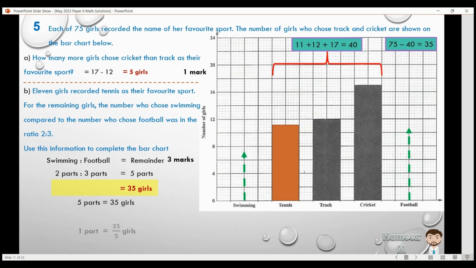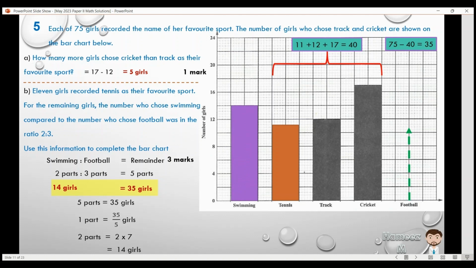So 1 part, using unitary method, finding for 1, with 35 divided by 5, which means that 2 parts would be 2 times 5 into 35 is 7. 2 sevens are 14. So that's telling us that there are 14 girls who chose swimming. And we can now draw a bar to represent such.